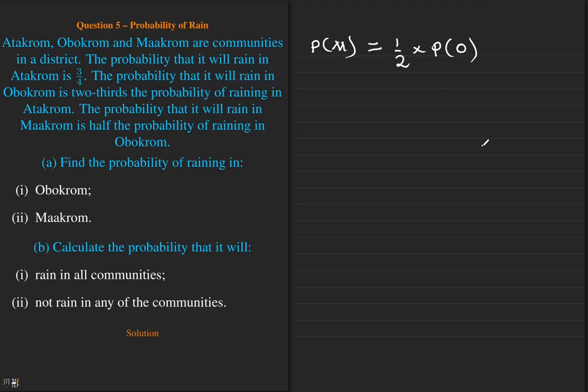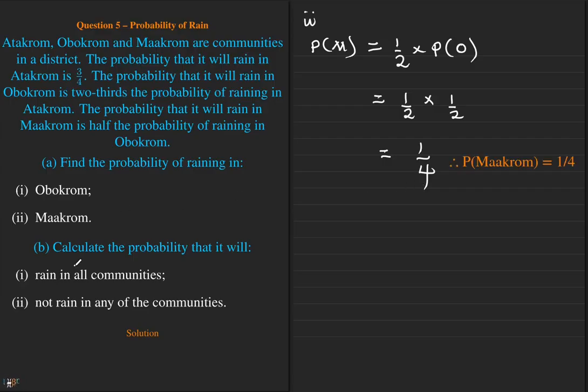We have just solved that of Obokrom to be 1 over 2, so we have 1 over 2 times 1 over 2. This time around, there is nothing to cancel out. 1 times 1 gives us 1, and 2 times 2 gives us 4. As simple as that, the probability that it will rain in Maakrom is simply 1 over 4.